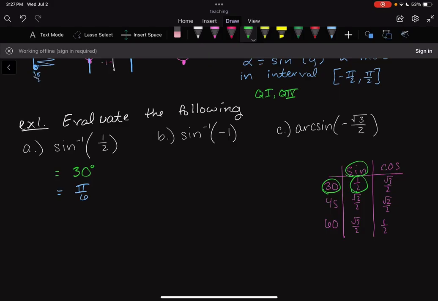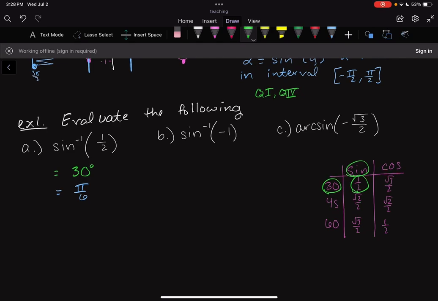Now the other thing to keep in mind is that our answers are only supposed to be from the interval -pi/2 to pi/2. So that's basically negative 90 and 90. It means we're only looking at quadrant 1 and quadrant 4. Since it was positive here, that's why we ended up in quadrant 1.